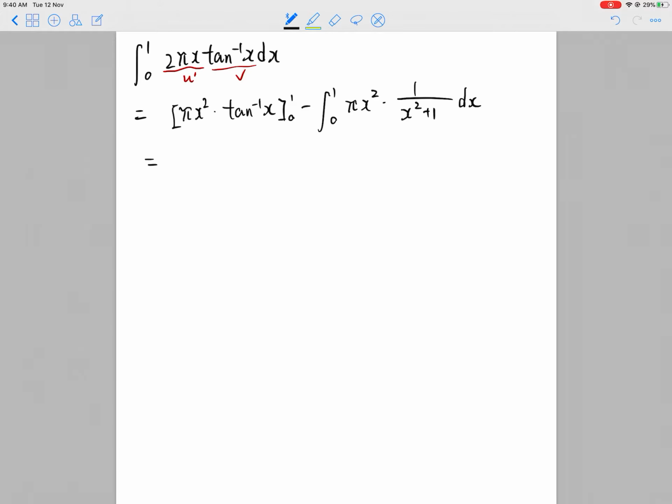Here it's pi times pi over 4. Right? Minus pi, the integration from 0 to 1 x squared over x squared plus 1.